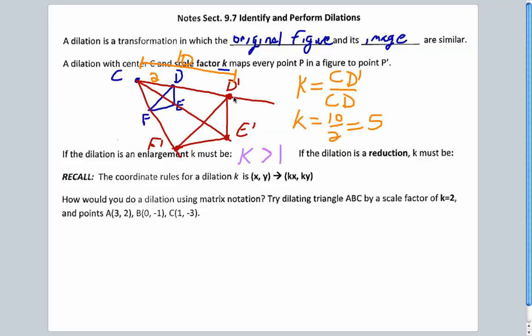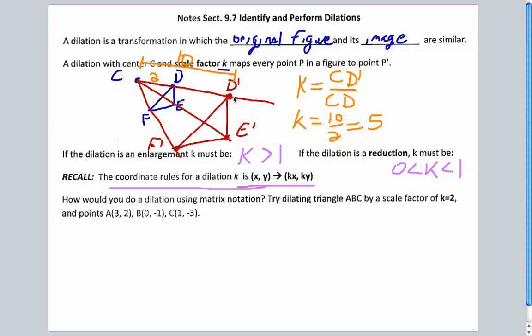K can't be less than 0, but K can be between 0 and 1. Real quick, in geometry A, you learned that the coordinate rule for a dilation is (x, y) goes to (kx, ky), which means you take all the x's and multiply them by k, and all the y's and multiply them by k.